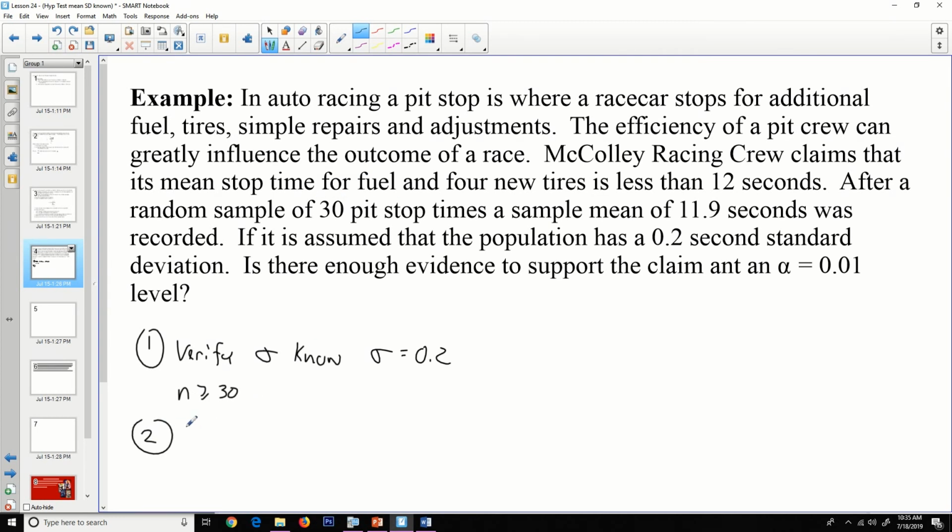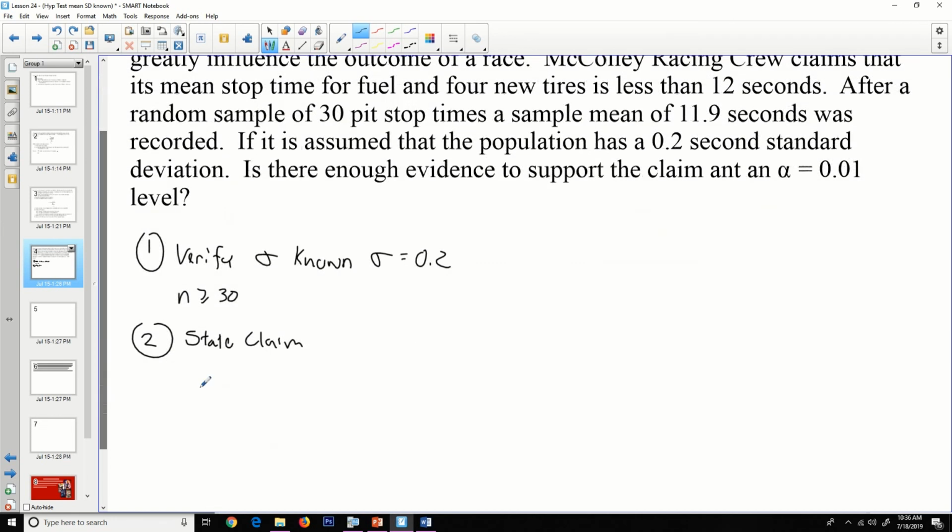Number 2 says state the claim. All right, state the claim.